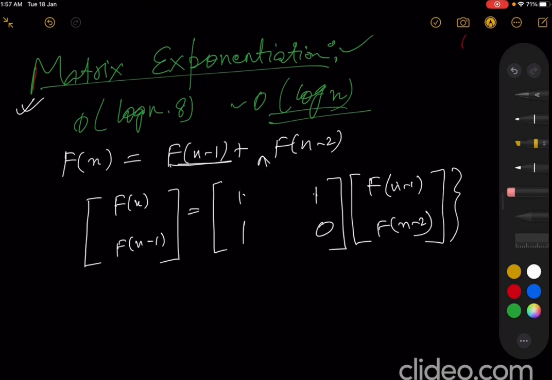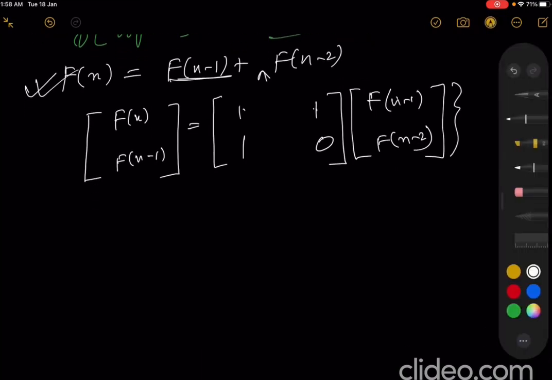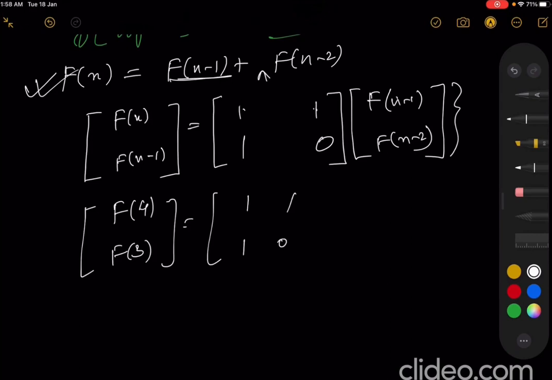So now you can see that we have represented our functional equation of the Fibonacci number in the form of a matrix. Let's say that n is equal to 4. Then you can write f of 4 and f of 3 as equal to the matrix 1 1 1 0 times f of 3 and f of 2.